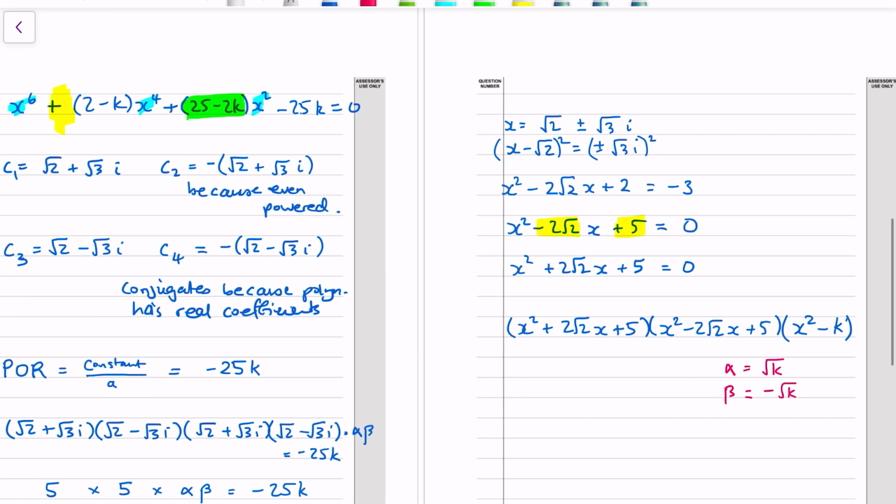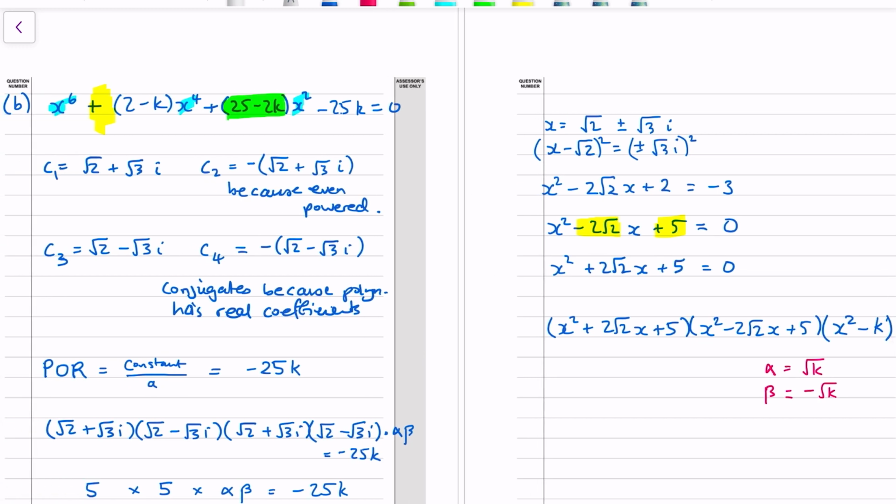We could check that when we expand out this, we get back to the power of 6. The obvious things are like x squared times x squared times x squared gives x to the 6, and 5 times minus k gives minus 25k. But you need to check that you get x to the 4 having a coefficient of 2 minus k, and the 5, 3 and 1 terms all disappear.